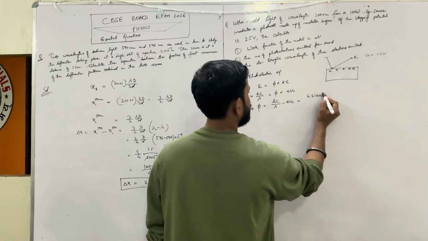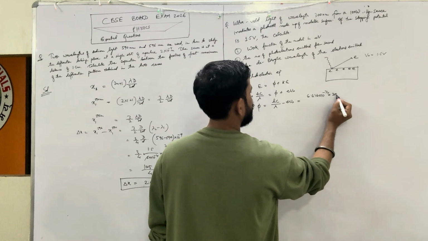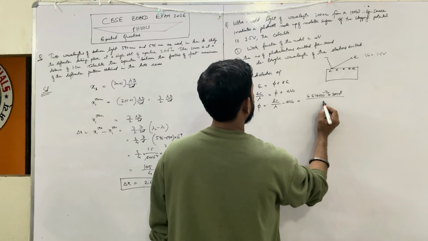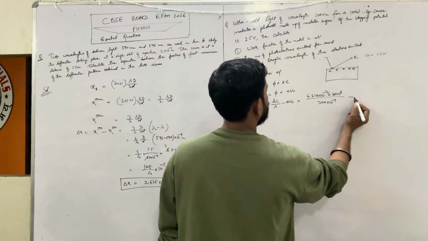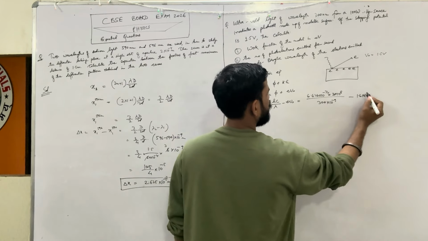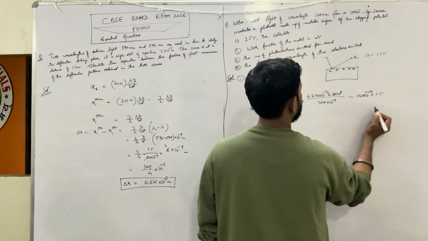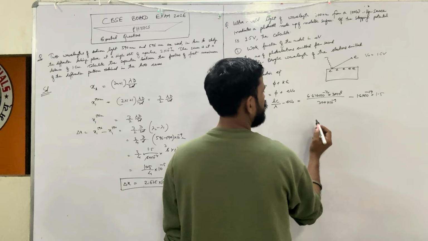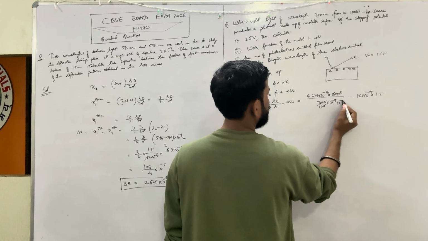6.626 into 10 power minus 34, c is 3 into 10 power 8, lambda is 300 nanometer, and e is 1.6 into 10 power minus 19, V naught is 1.5 volt. So this is 100, that means 10 power minus 7.